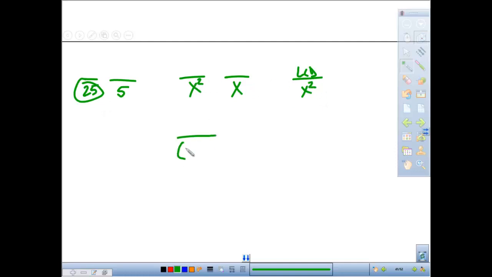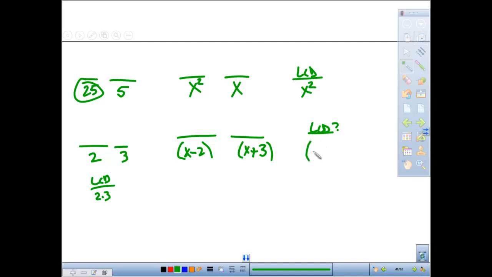So if I had x minus 2 and x plus 3, what would be the LCD? It would just be the product of both of these. Think, if the denominators are different, like if I have 2 and one of them is 3, it's the product of both of these. The LCD would be 6, which is 2 times 3.